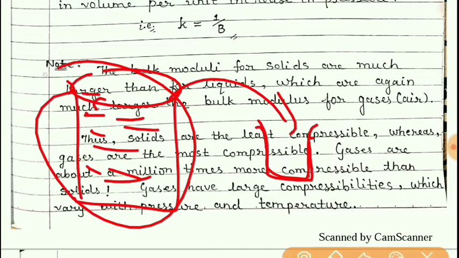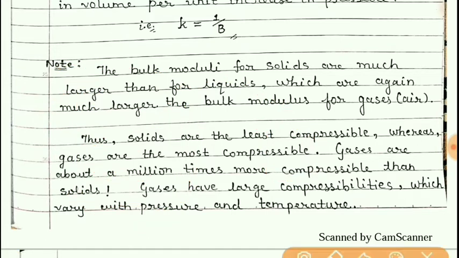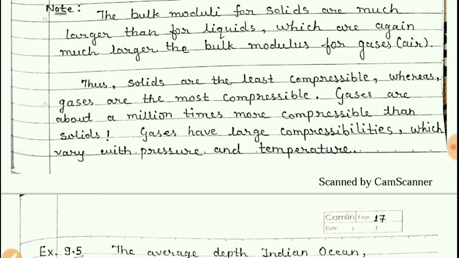When high pressure is applied, gases contract by a large amount. Solids can be compressed but not as much as gases. So remember students, liquids are the least compressible and gases are highly compressible.